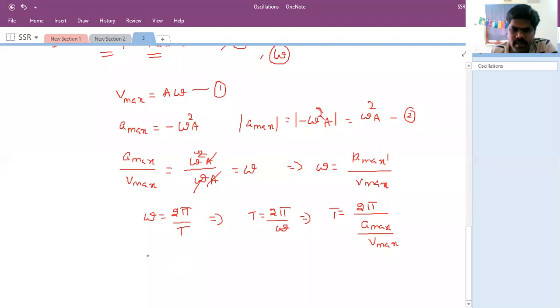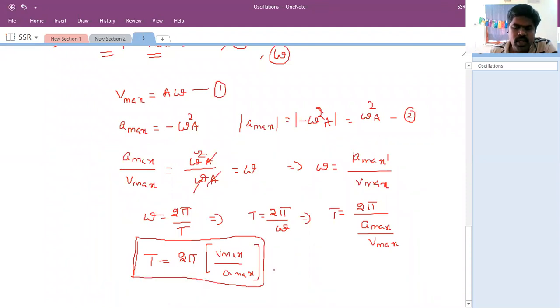From this you can write time period T is equal to 2 pi into Vmax by Amax. If only maximum acceleration and maximum velocity are given in a SHM, then to find the time period, this is the formula. Time period T is equal to 2 pi into Vmax by Amax. Yes or no? Are you able to follow this?